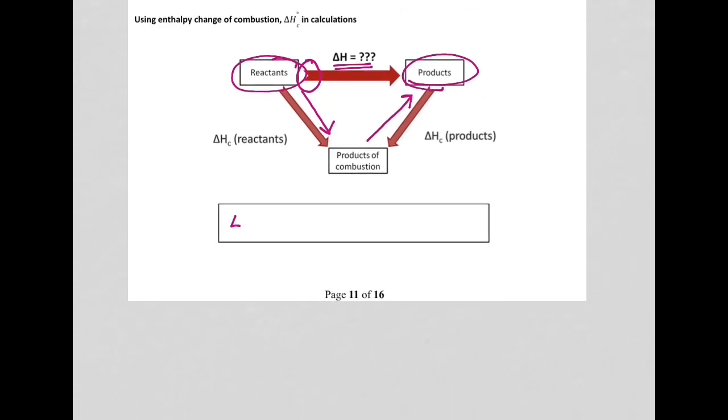So delta H is hence the enthalpy of combustion of reactants, here in the same direction, and here we are going in the reverse direction, so it would be minus the enthalpy of combustion of products. Now because you can have more than one reactant and more than one product, we're going to use the sum.